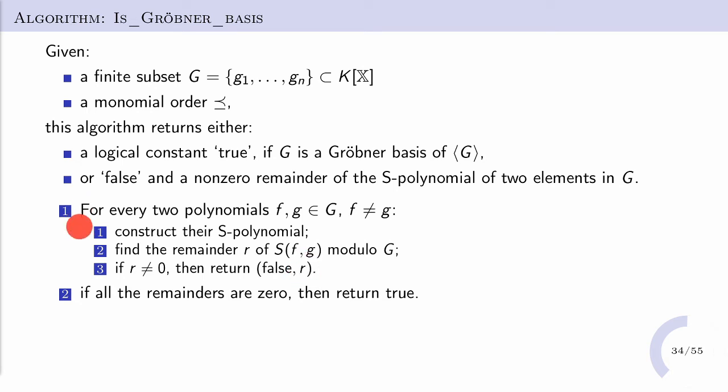If the loop finished and we never returned false, then all the S polynomials of every two polynomials of G reduce to zero, so all the remainders are zero, then G is a Gröbner basis and we return true.